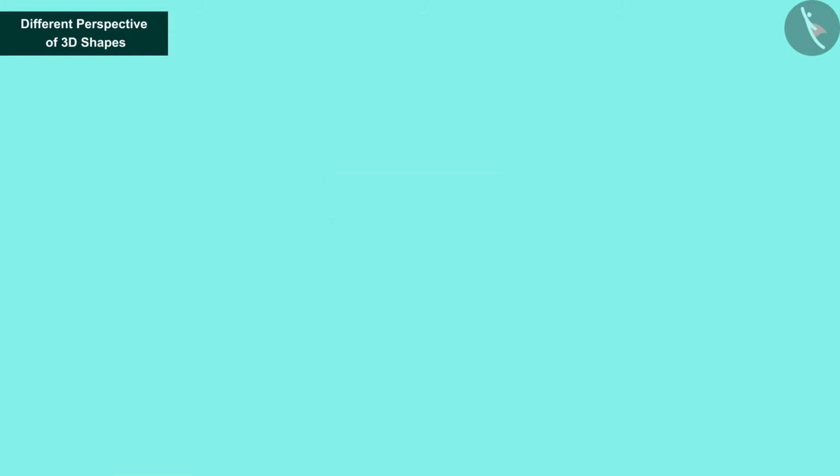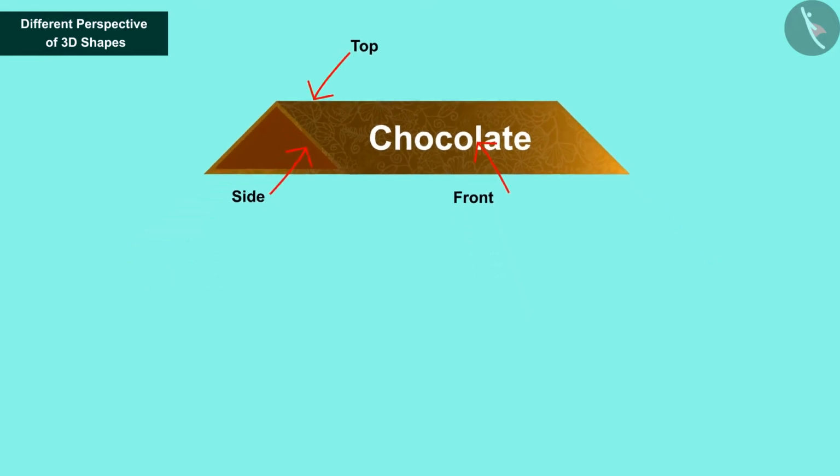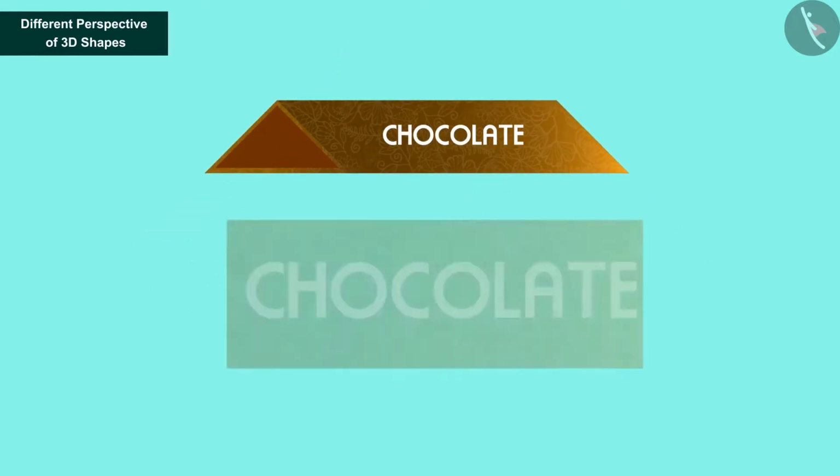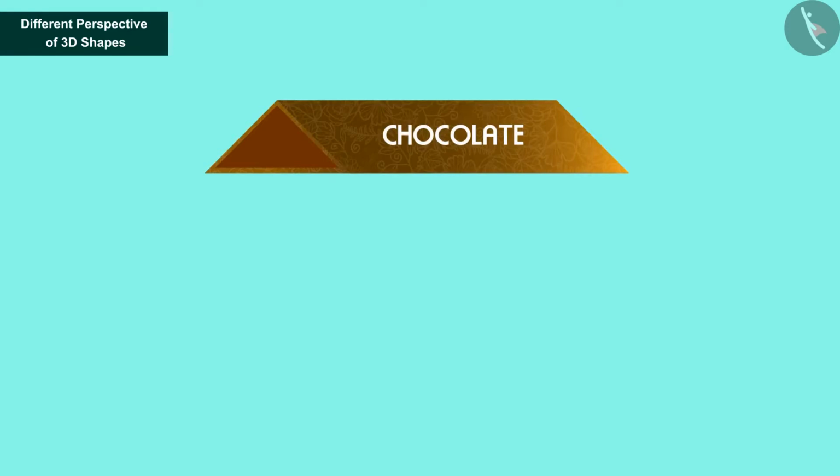Let us now see another example. Identify the top view of the given solid, the front view and the side view. As you can see, the front view is a rectangle. Can you tell the side view? Well done.